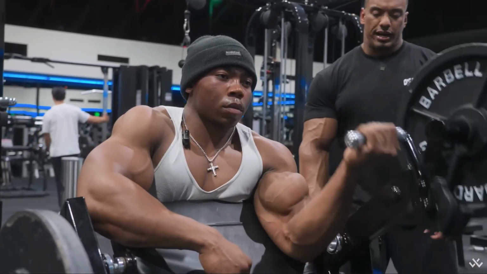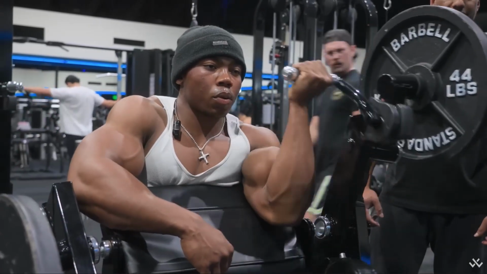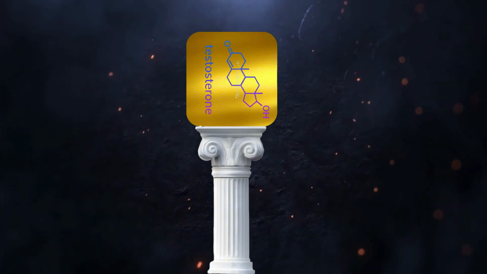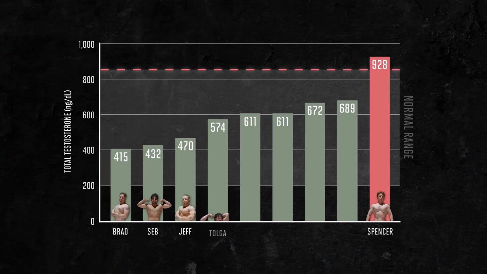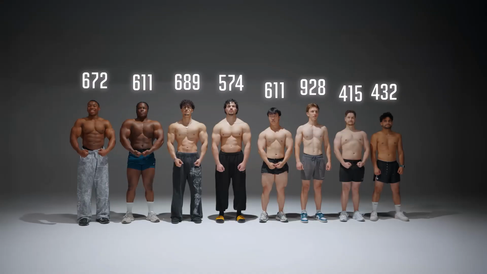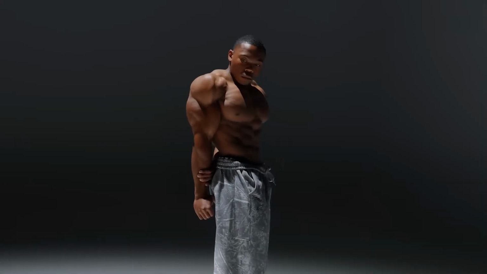Fast-twitch fibers grow larger and faster with resistance training, so someone with a higher percentage of fast-twitch fibers may gain muscle more quickly. Hormone levels: natural levels of hormones like testosterone, growth hormone, and IGF-1 vary due to genetics. Higher baseline testosterone and growth hormone can enhance protein synthesis and accelerate muscle growth.